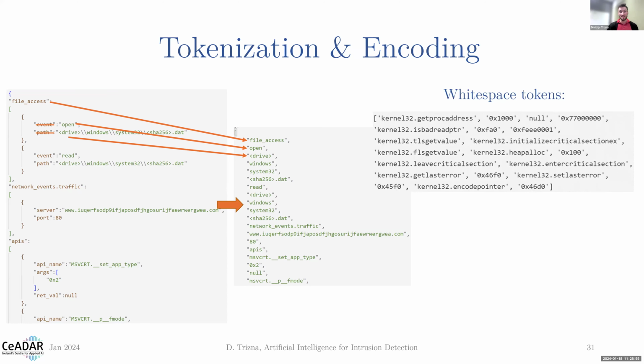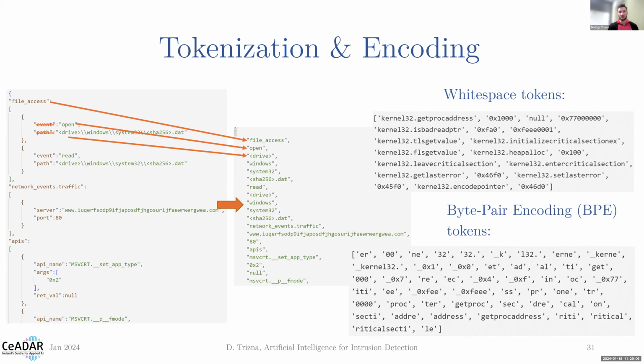And another point is that we don't always tokenize by white space, as I show in this example, because it's easy to understand. You basically see how it's split by spaces. We tried BPE encoding tokenization, excuse me, which is what GPT-like models use. They use byte pair encoding tokens, which is a more data-based way to tokenize.